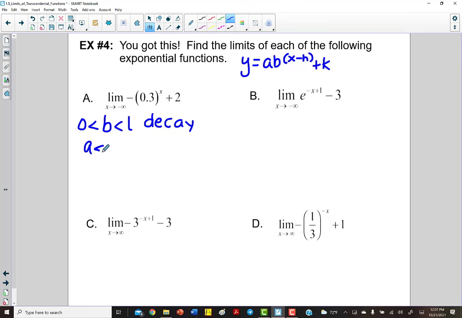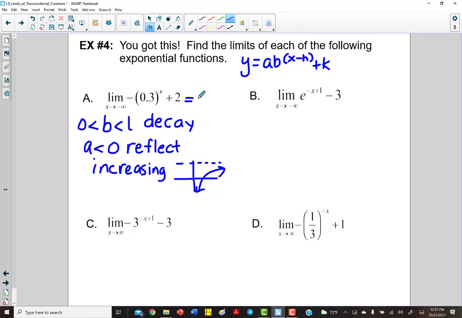But the a value is negative, so that's going to reflect our decay graph, and it's going to cause that graph to be an increasing function. So if you thought about the shape of it, we're going to be over here increasing, and we're going to be bounded at 2. So the limit at negative infinity is unbounded downward.